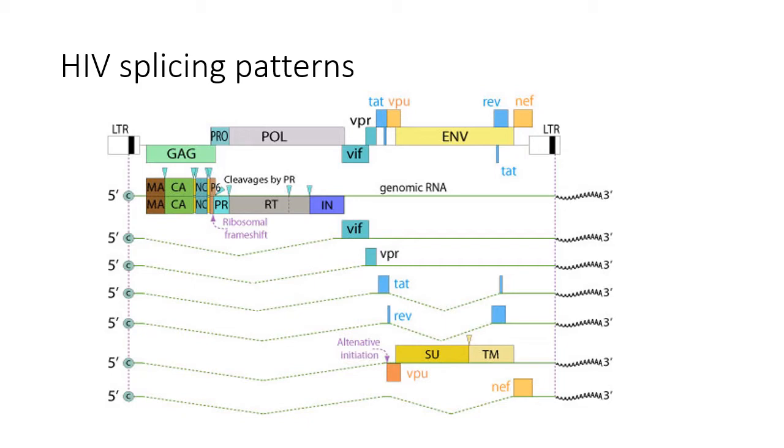So the splicing patterns are again characteristic of this class of viruses, where you have your full-length one, but there's also a splice which leads to the production of the ENV region of the viral genome in the form of an mRNA that can be translated to produce the two proteins from the ENV region, which are the transmembrane protein and the surface protein. So this type of splicing pattern is very characteristic of these. Now we do have separate splicings for the regulatory molecules, which is, in this case, distinct for HIV.